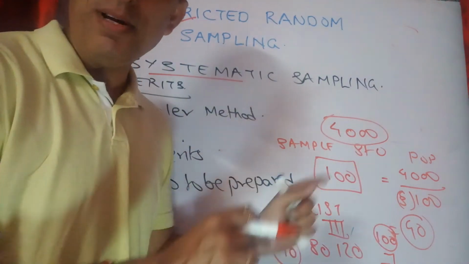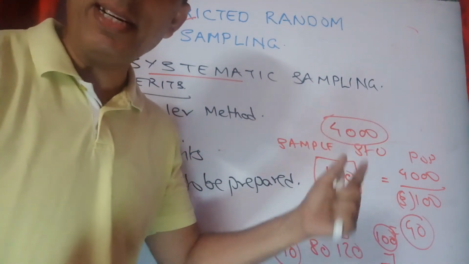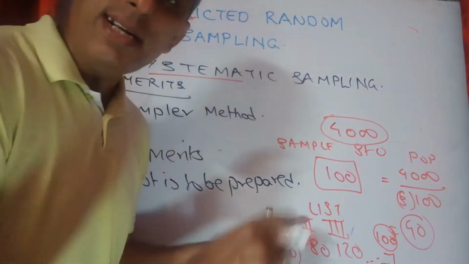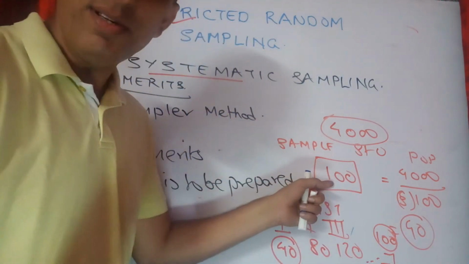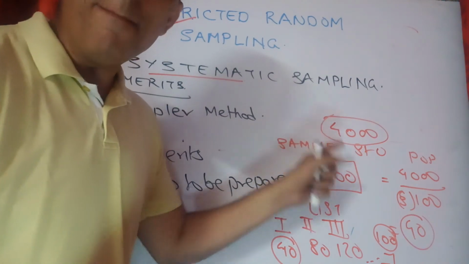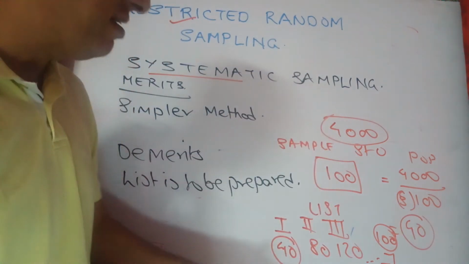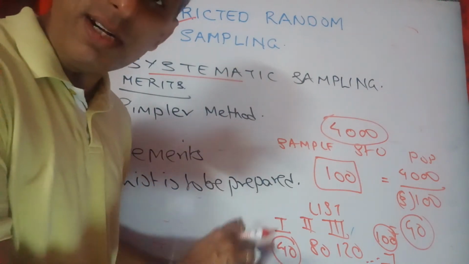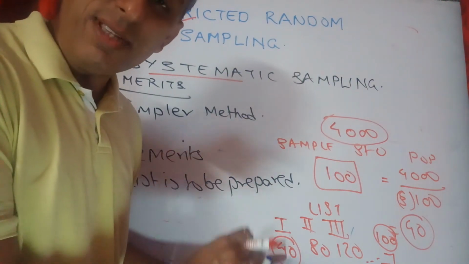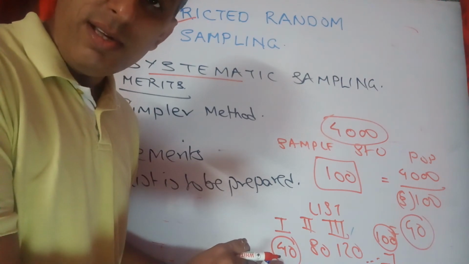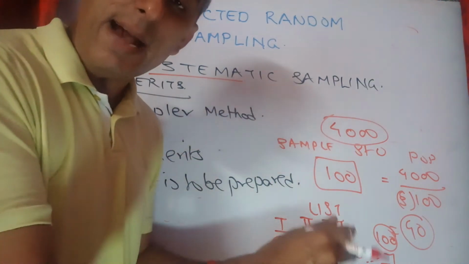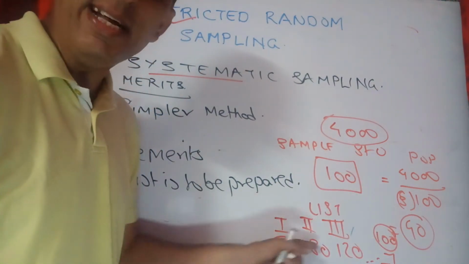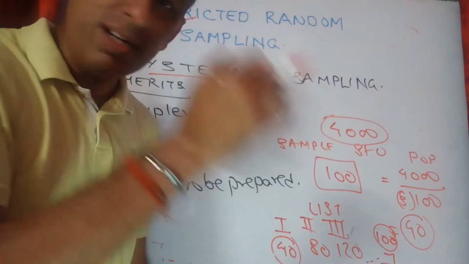That is the number of the child that might be representing 12th. So, from nursery till 12th, we have 100 children represented through a method wherein a list is prepared and a number is picked first. Now remember, this 40 can be 30 also. We can start with 30, right? But thereafter we have to take a gap of 40. So 30, 70, 110. For simplicity, we have taken 40, 80, 120 just to have continuity.